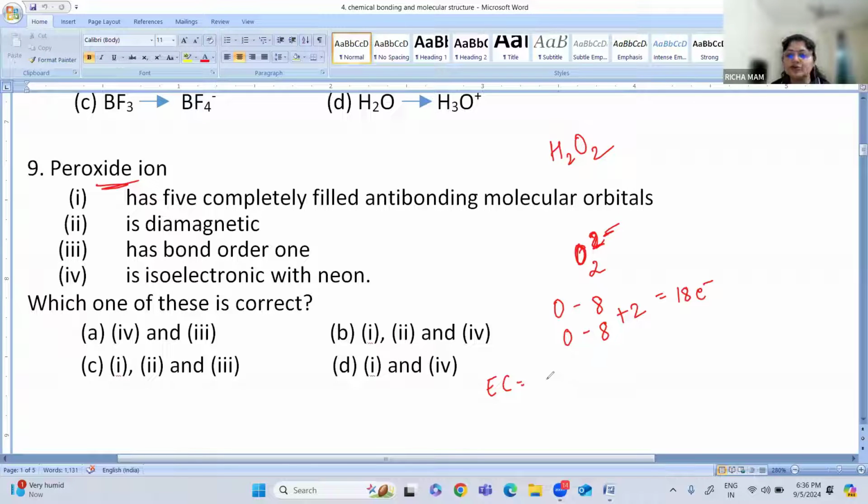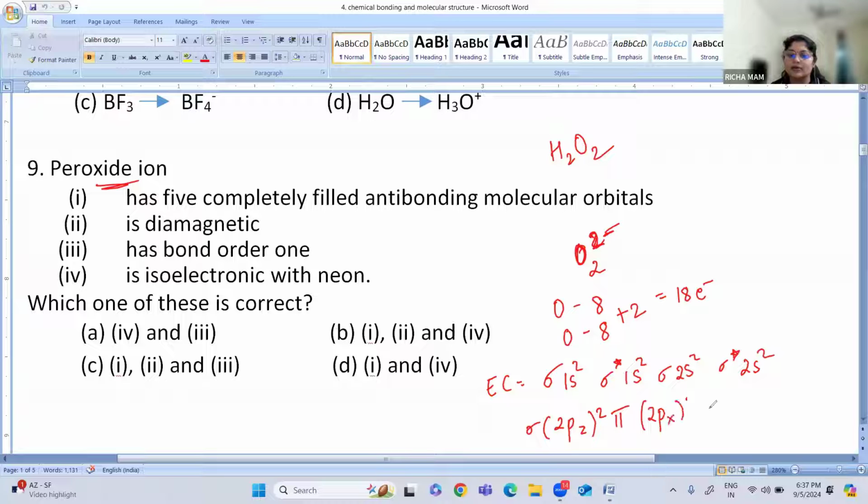We know how to fill up sigma 1s2, sigma star 1s2, sigma 2s2, sigma star 2s2. Then sigma 2pz square, pi 2px square, pi 2py square.